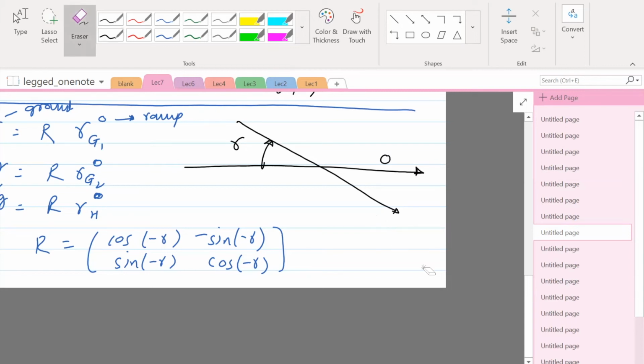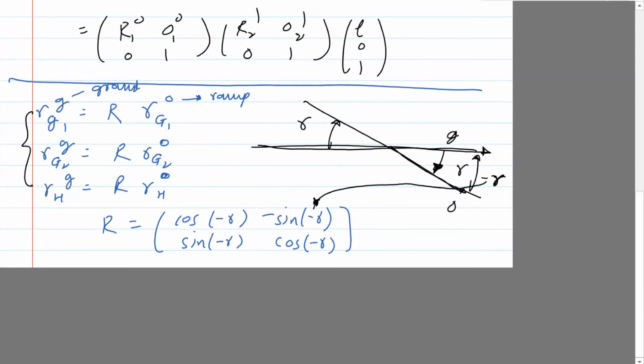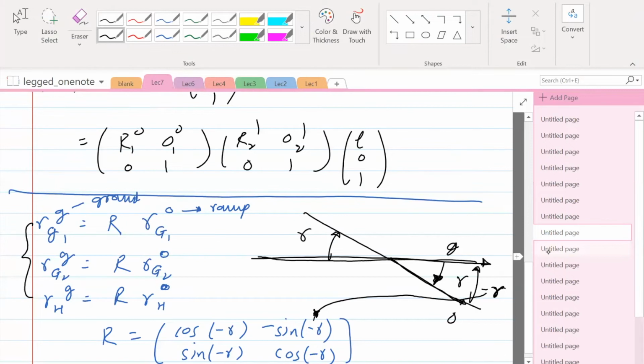Sorry, this is the other way around. This is O, this is G, the ramp. So this is gamma. Since we want to go from O to G, we need to use the negative of this value, negative gamma. And that's why we have a negative sitting up here. Okay, so this is fairly tedious, but this is finally what you get for the positions of different points.